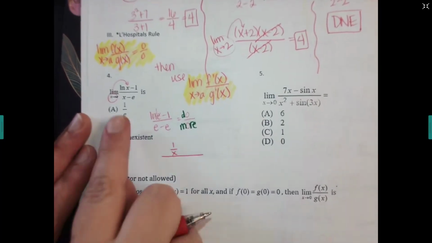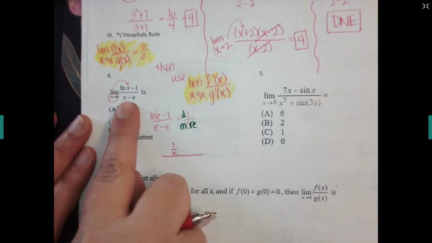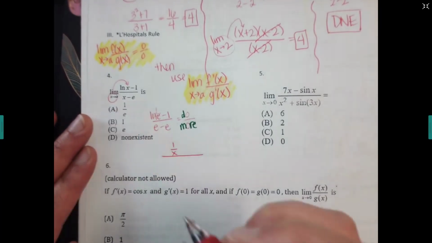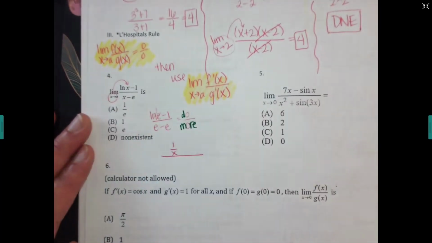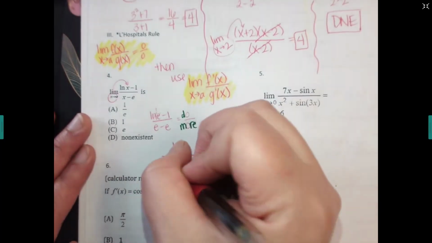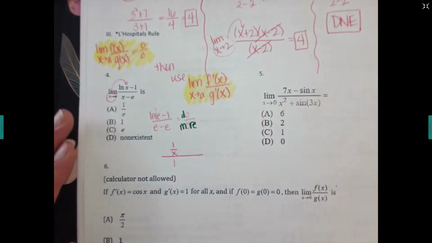On the bottom, I have an x minus e. What's the derivative of x? That's the antiderivative. Take the derivative, it would drop down to a 1. And then remember, e is a constant. So if I take the derivative of e by itself, it also goes to 0, just like the minus 1 went to 0.